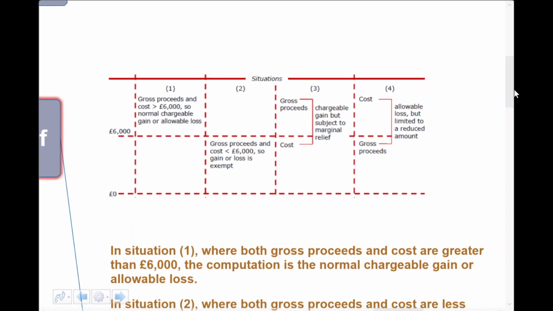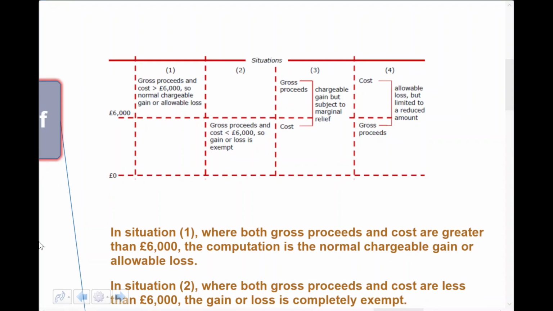Okay, so what we see here, it says in situation 1, where both the gross proceeds and cost are greater than 6,000, the computation is just a normal chargeable gain or allowable loss. So in other words, I have a chattel, I dispose of it for 8,000.